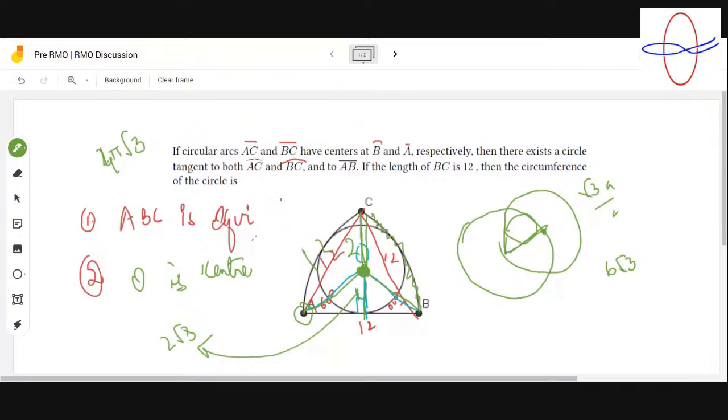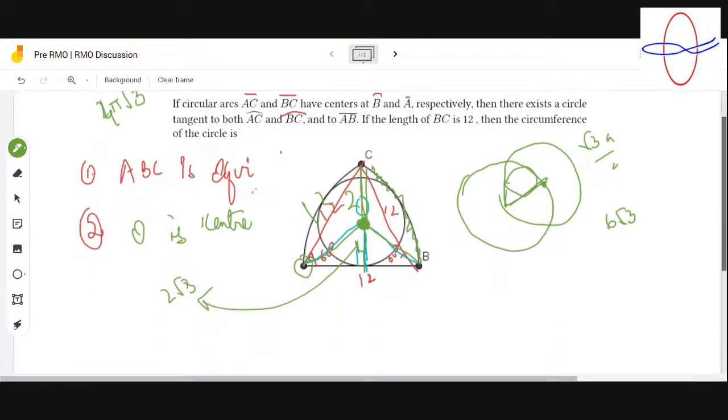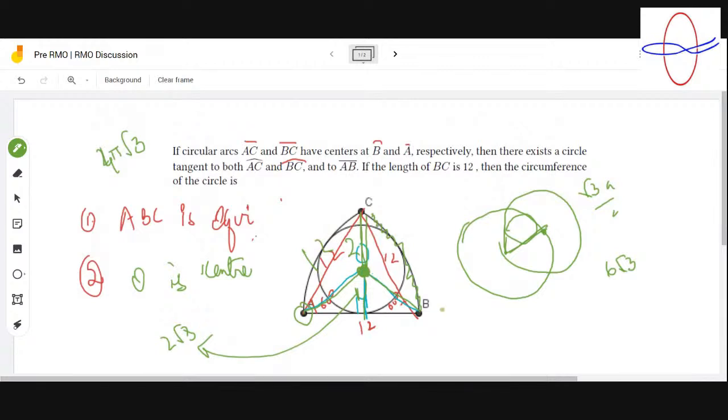Sorry, but can you prove why it's a centroid? Yeah, you have to calculate that in some exams. Okay. First is this. We have proved that ABC is an equilateral triangle.